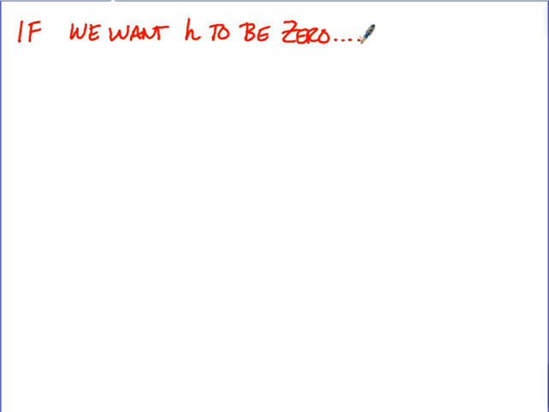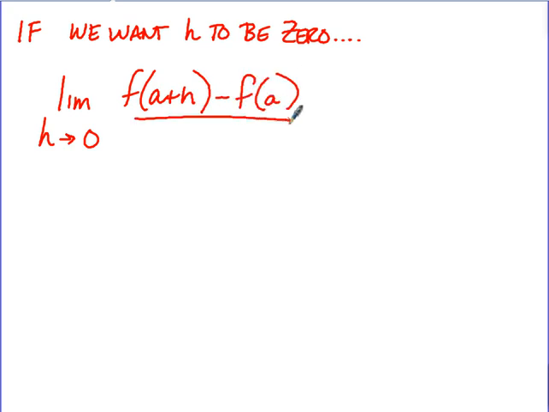We can find the limit as h approaches 0. So it doesn't exactly equal 0, but we see where it's heading. We see what it's going to look like. We can predict what's happening. So I'm going to find the limit as h approaches 0 of f of a plus h minus f of a all over h, the difference quotient.